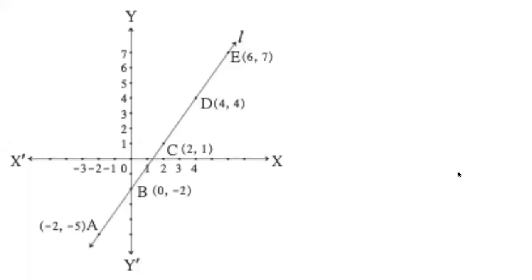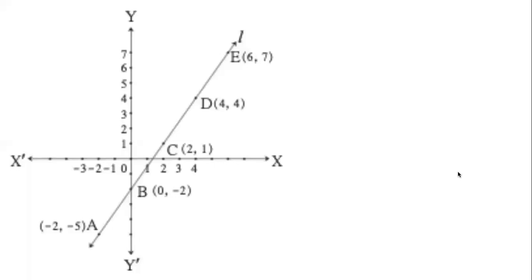The XY plane is the plane that has the x-axis and the y-axis perpendicular to each other, the coordinate plane. Because we have the coordinate plane, we can find the coordinates of these 5 points, and they are already given: (6, 7), (4, 4), (2, 1), (0, -2), (-2, -5). We already know this. There is no mystery about this.